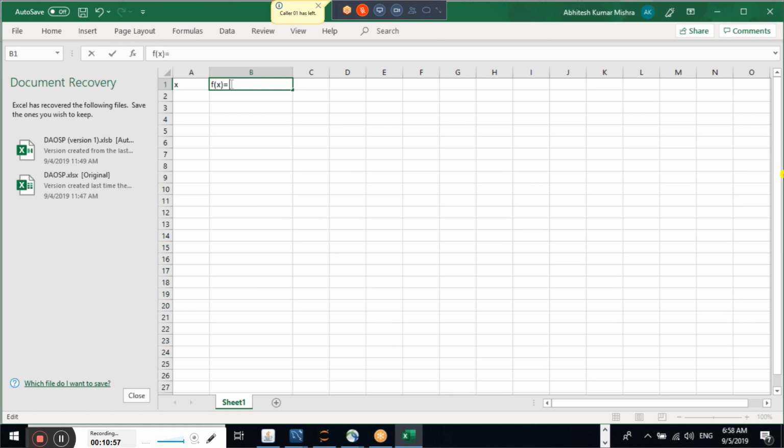Fx equals, what is the formula? 1 by 1 plus e power minus x. This is our formula.